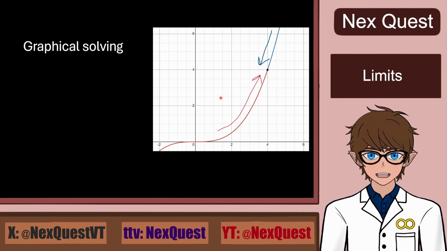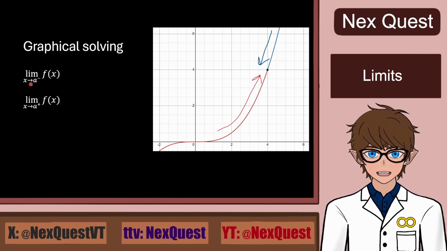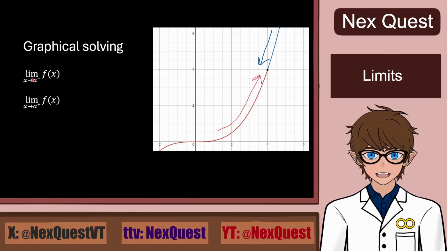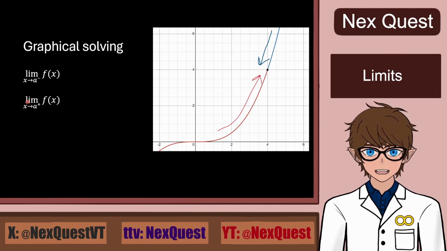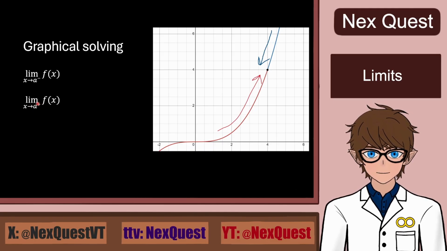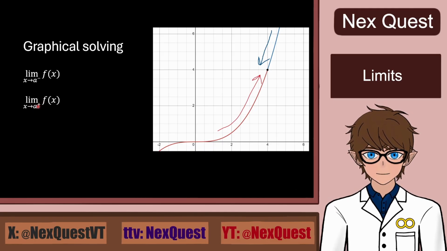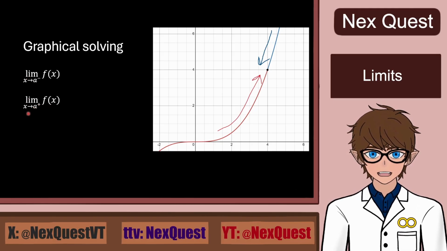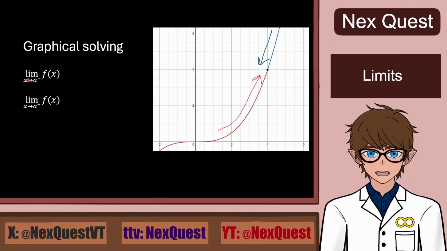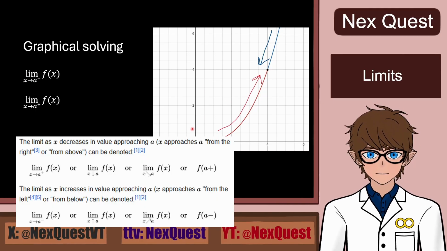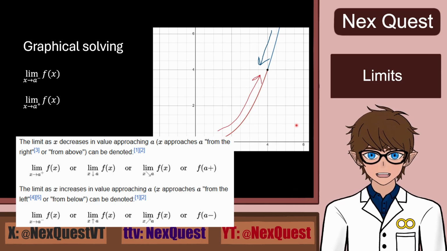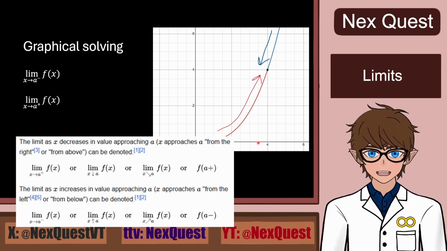The one-sided limits are marked like so. The left limit has x pointing to a with a negative exponent, and the right limit has x pointing towards a with a positive exponent. There are lots of other markings, like arrows. Instead of pointing towards a, it points up for left and down for right, which means basically if it's approaching from underneath, so from the left or under, lower axis to higher, or from above, so from higher axis to the lower axis.